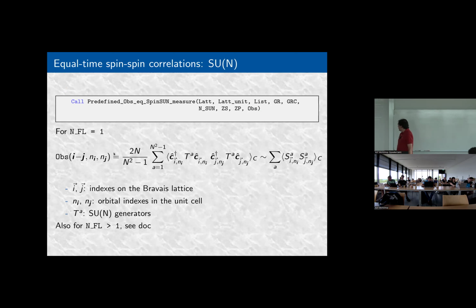These are called SUN correlations because they assume that you have n SUN fermions, so we have an invariance under SUN with n given here in these parameters. And then the two-point function corresponds to this observable here. So simply the spin written in terms of the generators of the SUN algebra, and then the connected two-point function.